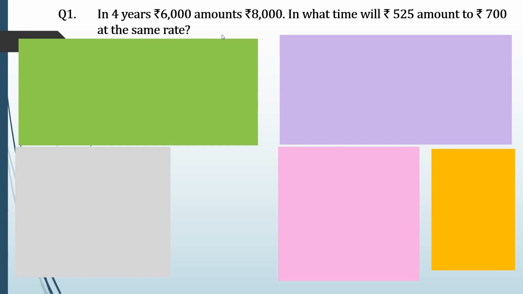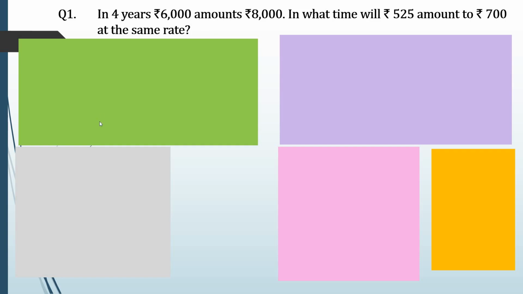Now here we can clearly see that we are given two principals and two amounts, and one time is given, but the rate is the same in both cases, and we are asked to find the time in which rupees 525 will amount to rupees 700.